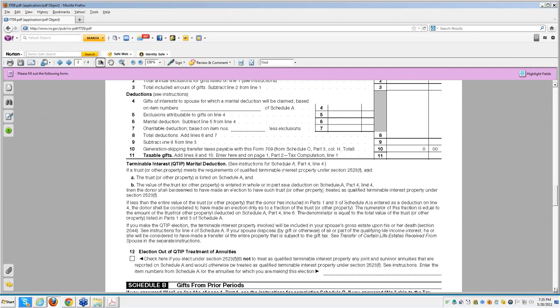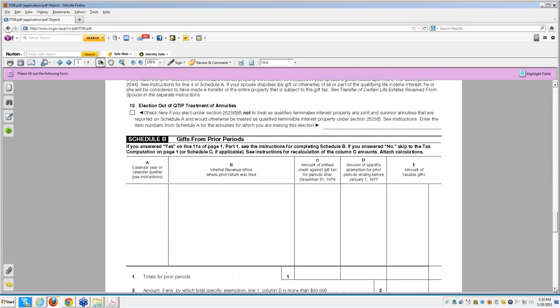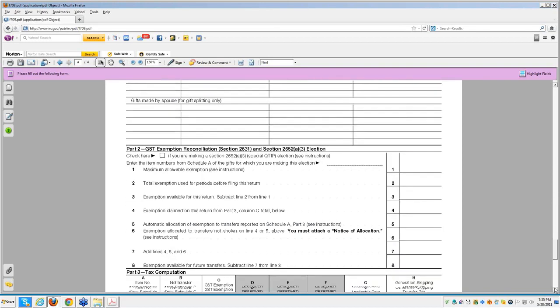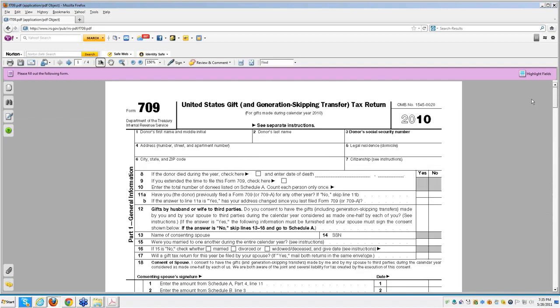So what do you fill out in each one of these sections up here? What are the important boxes that have to be filled in? Okay, this is the form. Yeah. Okay, the donor. You put your name up here. And that's upper and lowercase? Yeah, you put the uppercase, first name and middle initial.